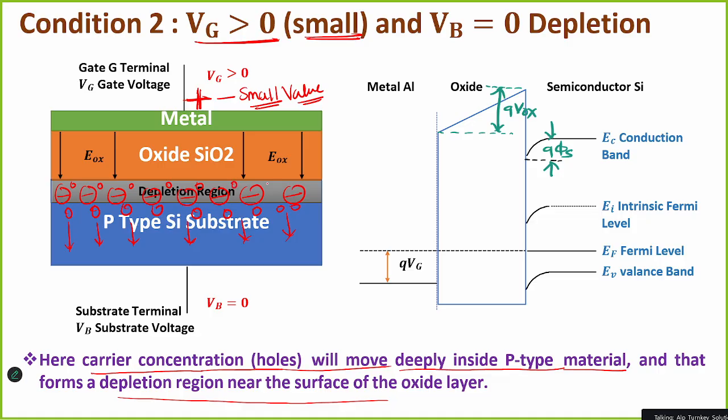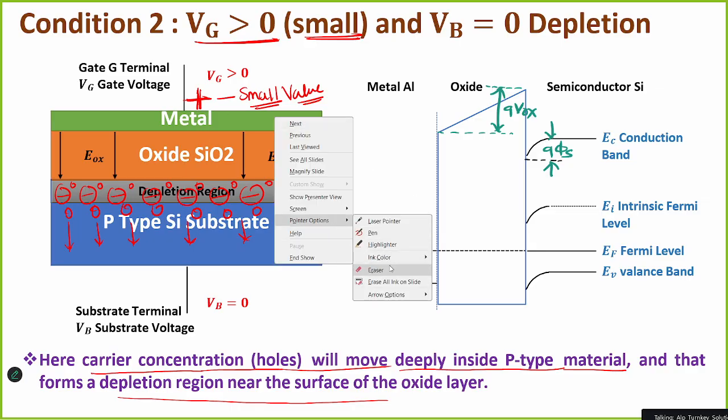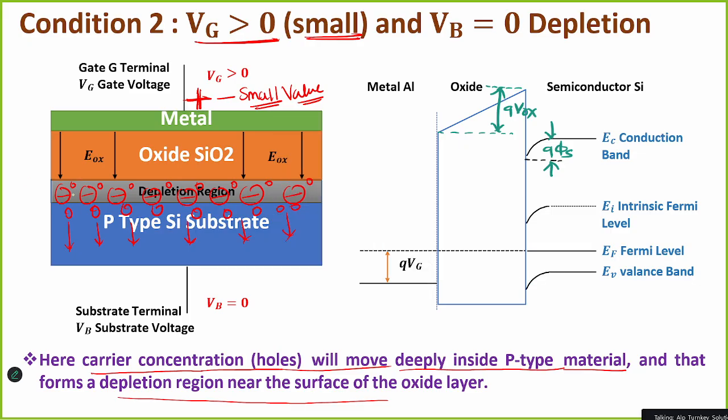After applying this positive voltage, these holes will be repelled, leaving the immobile negative ions. Due to these immobile negative ions, a depletion layer is formed between the silicon dioxide and the p-type substrate.